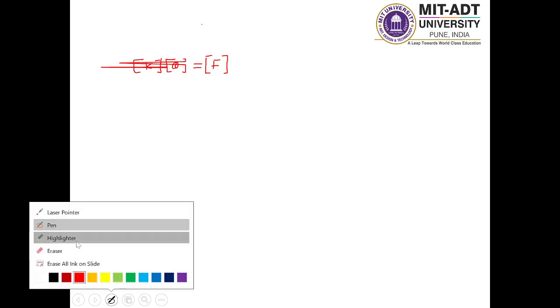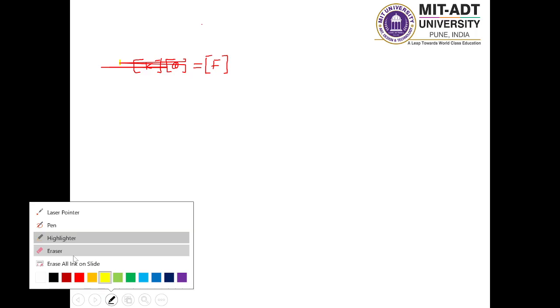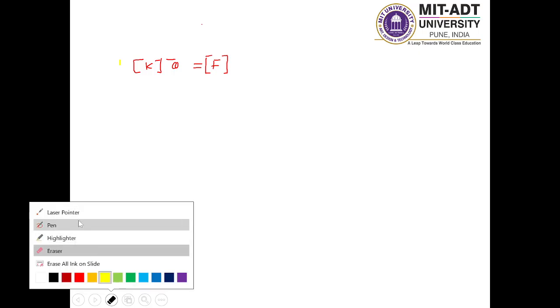So I will erase this first. So here I have written K matrix into Q matrix will give you F matrix.